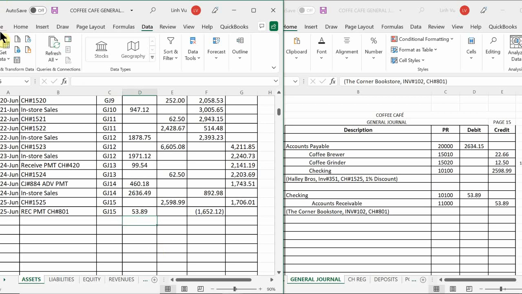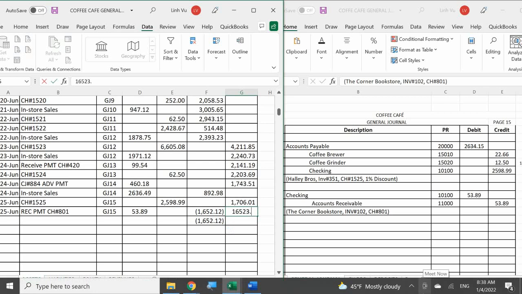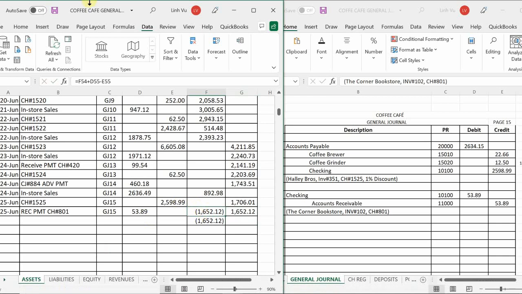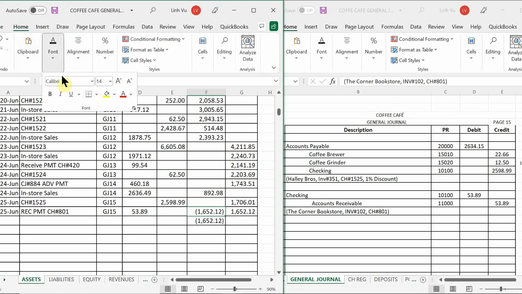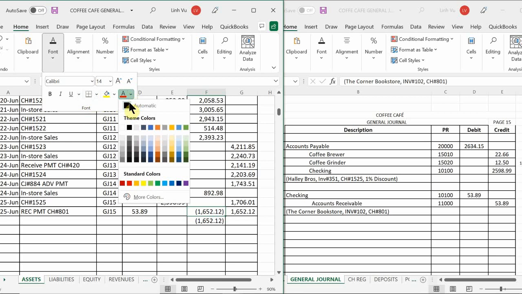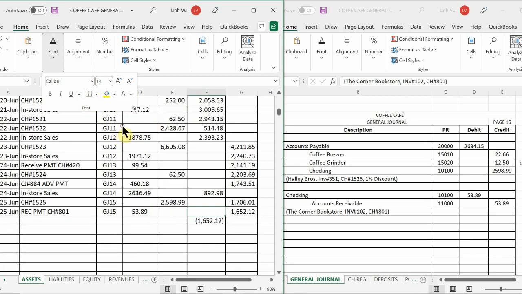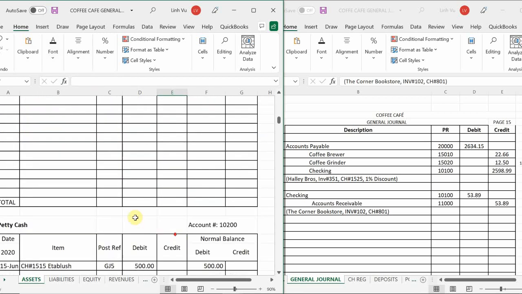So that still brings us to a negative. And then accounts receivable.